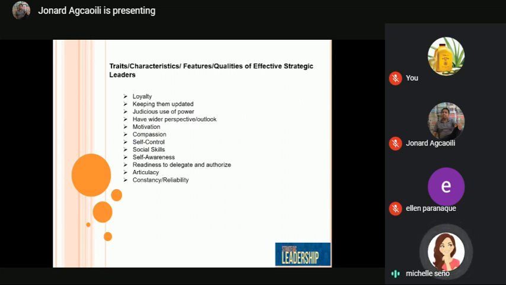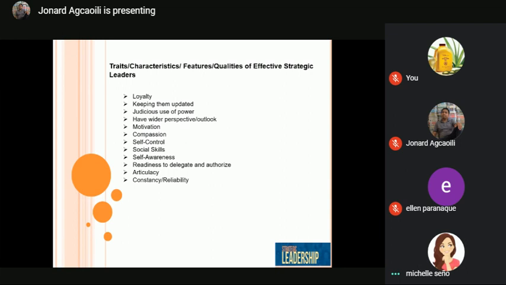Judicious use of power. Strategic leaders make a very wise use of their power. They must play the power game skillfully and try to develop consent for their ideas rather than forcing ideas upon others. They must push their ideas gradually.